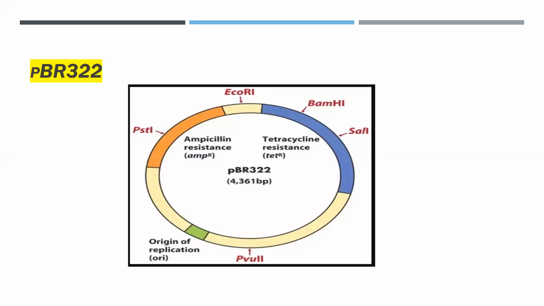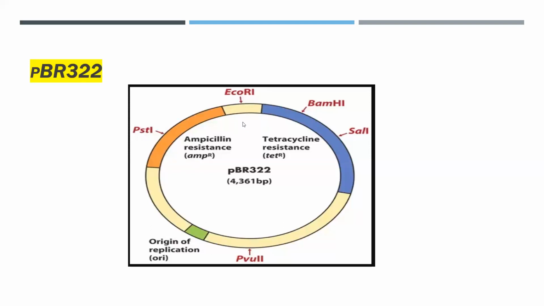Restriction endonucleases have been isolated from bacterial species and some of them are commercially available. This is EcoRI. This is BamHI. These are restriction enzymes isolated from bacterial species.